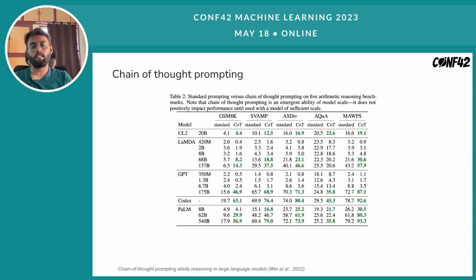In self-consistency, the authors did sampling based decoding to generate multiple generations for a given prompt, and then they consider the majority voted answers, which are the same, and evaluate that particular answer against the evaluation set.